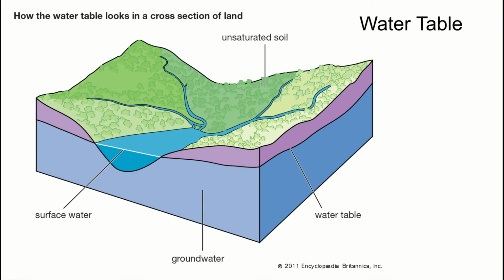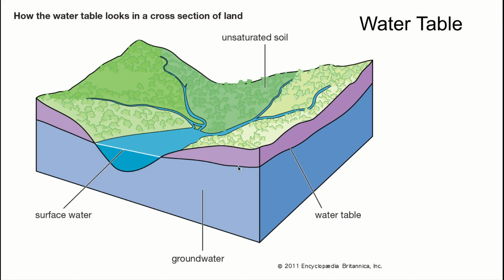There's one other thing that we just need to be on the same page about. That is what a water table is. The water table is the level that groundwater reaches. Underneath the ground, there is groundwater that is constantly accumulating in the rock layers deep beneath our feet.